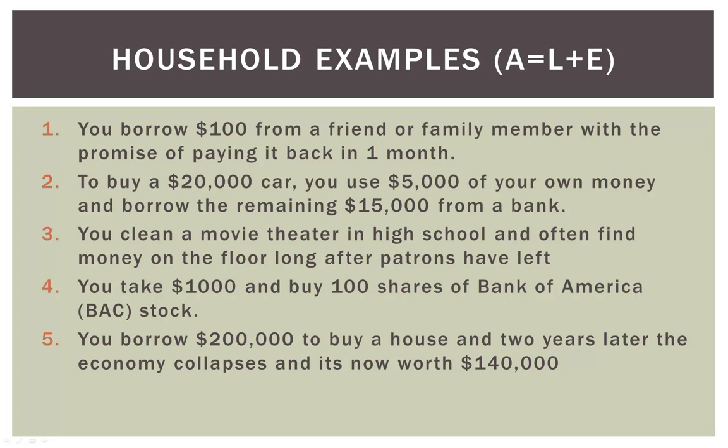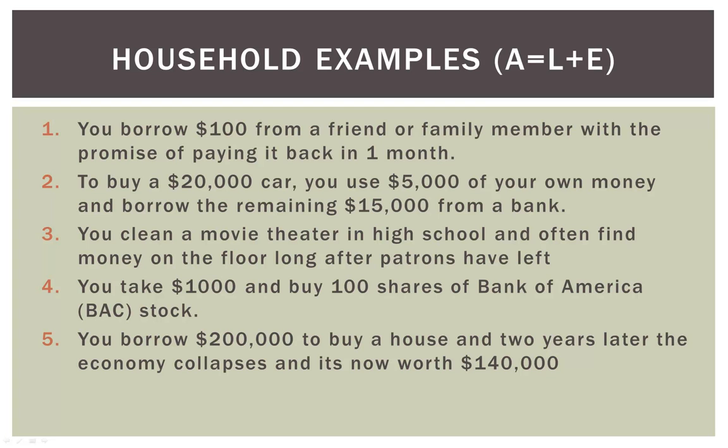Number two, and this one's a little bit more complicated. Let's say to buy a $20,000 car, you use $5,000 of your own money, like in your savings account, and you borrow the remaining $15,000 from a bank. So what happens there? Well, you use $5,000 of your own assets that gets transferred into the car.